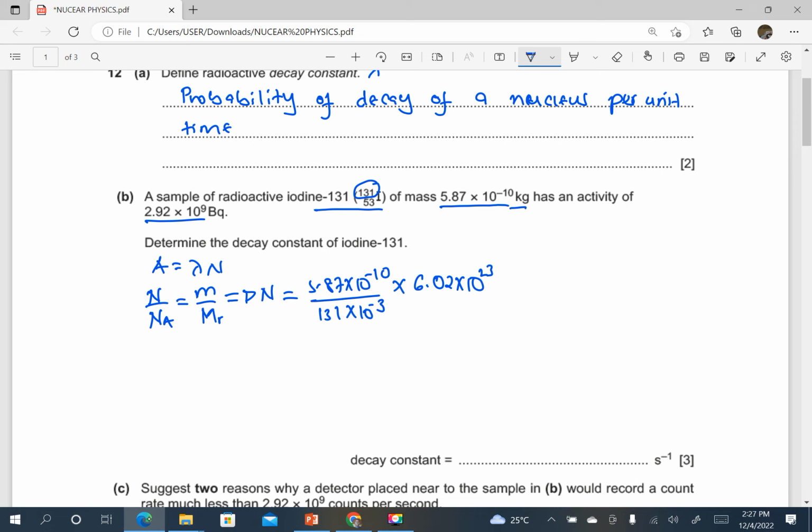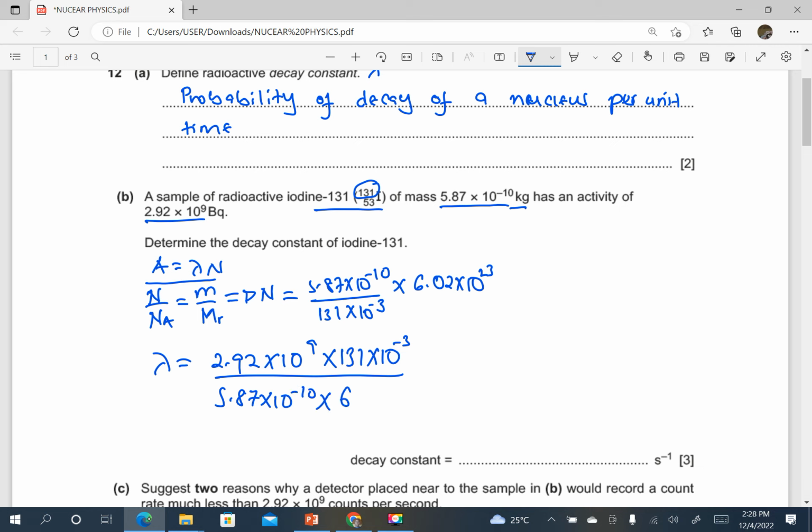So we go to the decay constant lambda being equal to activity, which is 2.92 times 10 power 9. Of course, I'm going to divide by N. I'm making lambda the subject from that equation. So when I divide by N, I get the reciprocal. So this is 131 times 10 power negative 3 divided by 5.87 times 10 power negative 10, then times 6.02 times 10 power 23.